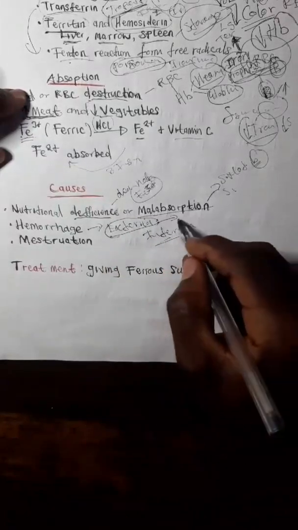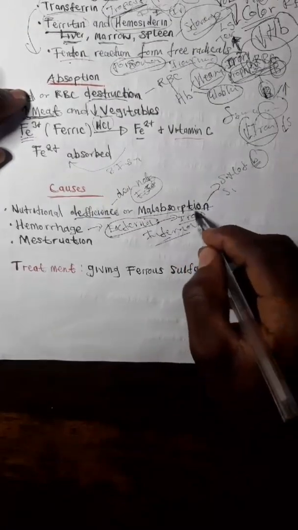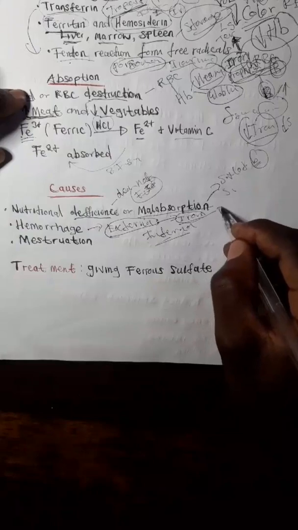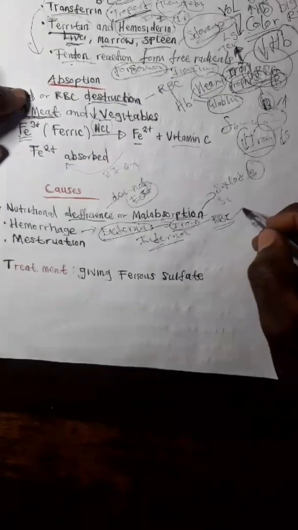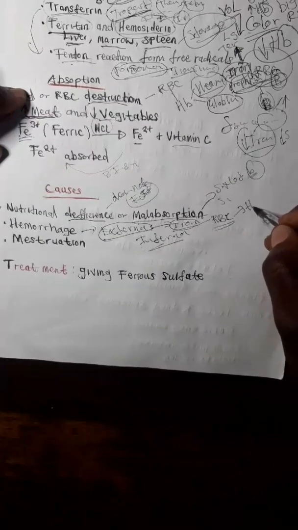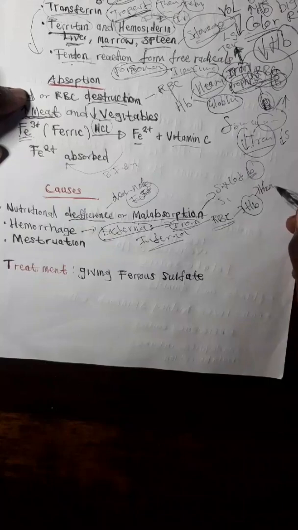Losing blood can lead to iron deficiency, because when you lose blood, we lose red blood cells. When we lose red blood cells, we also lose the hemoglobin. When we lose hemoglobin, we lose the heme. When we lose the heme, we lose the iron.